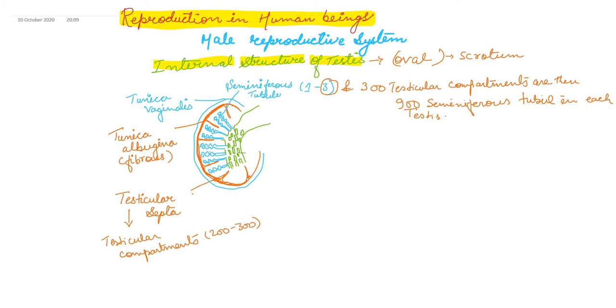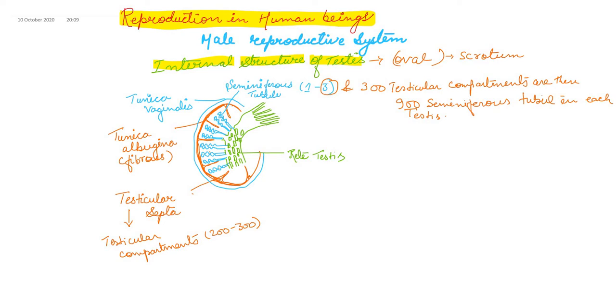This network is known as rete testis. These rete testis open into a small tube-like structure.